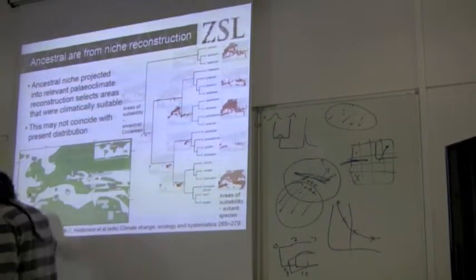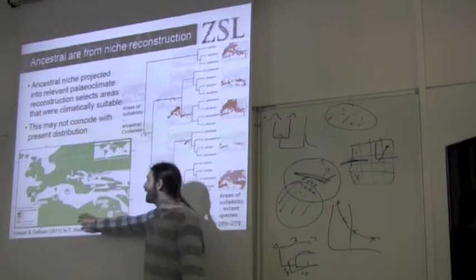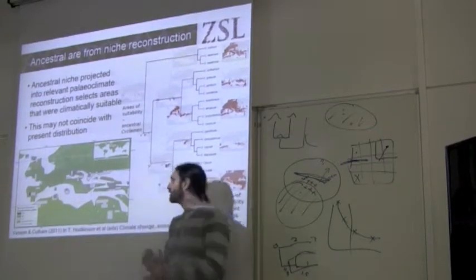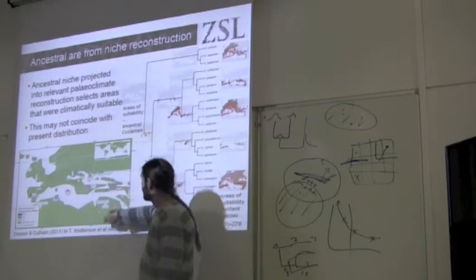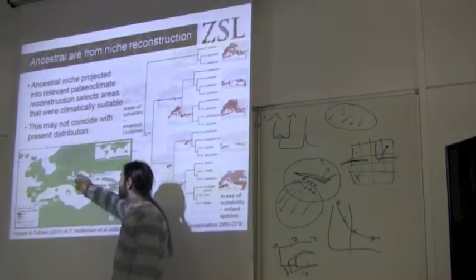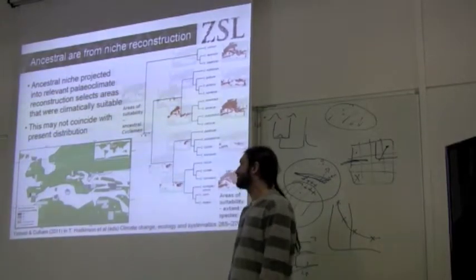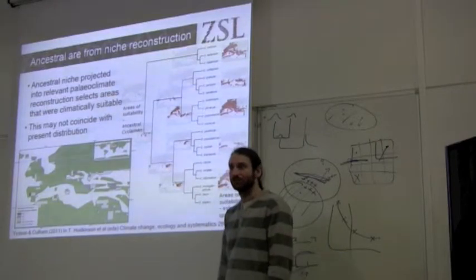I can't remember the numbers. I think we've got a 5 and a 4 and a 3 there. Okay? And then the green areas are completely outside of our reconstructed ancestral area. Okay? So it's really fragmented, but it's a different interpretation of ancestral area based on our niche reconstruction.